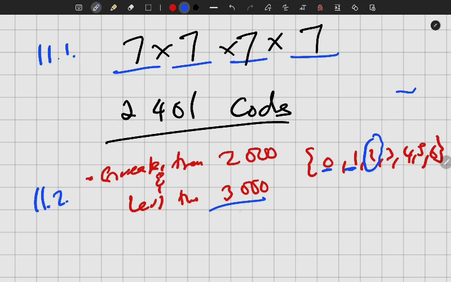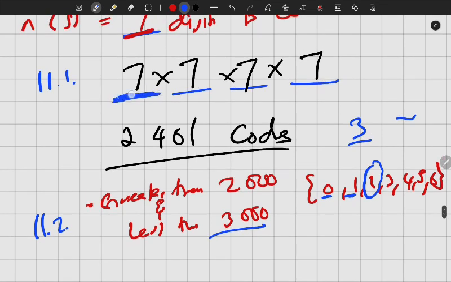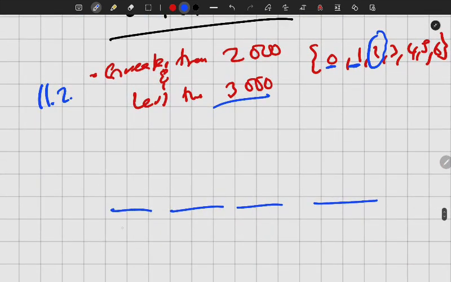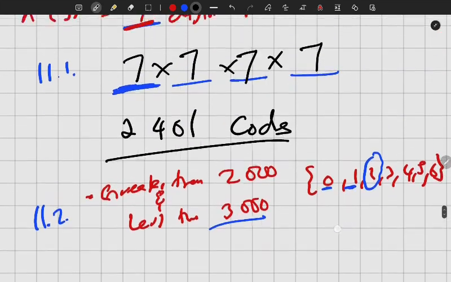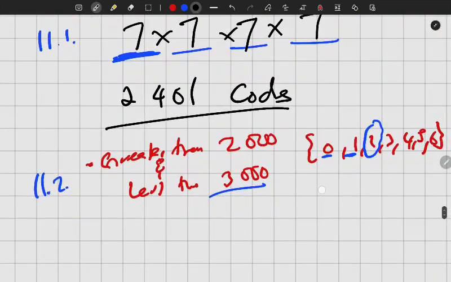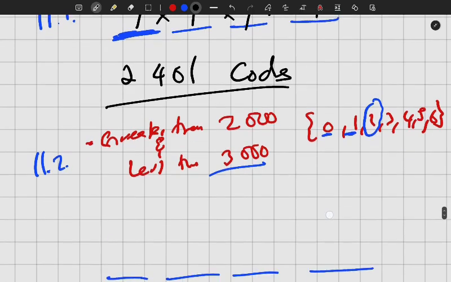It's going to be less than 3000 if it does not start with a 3, because once there is a 3 as our first digit, we get 3000 something. So it must start with a 2 only. In position 1 we only have one option, which is 2.